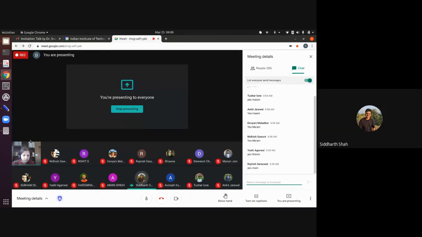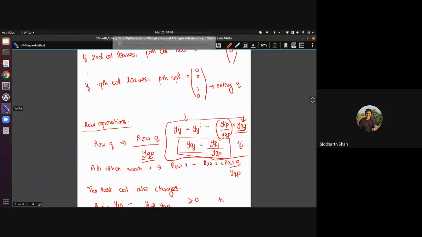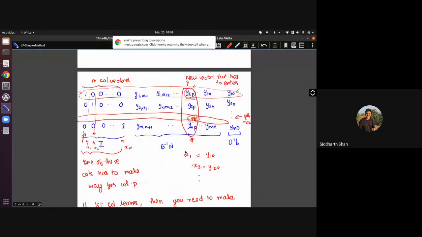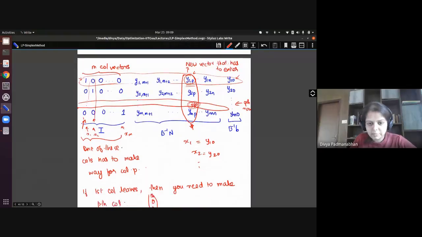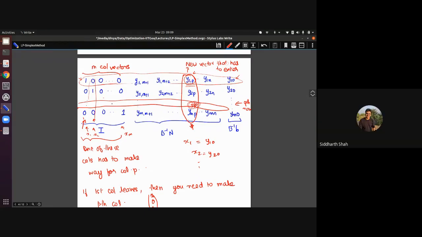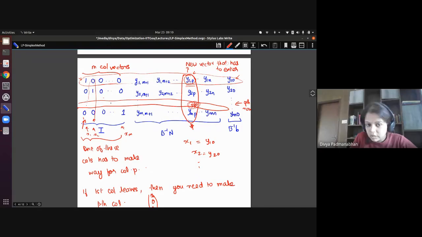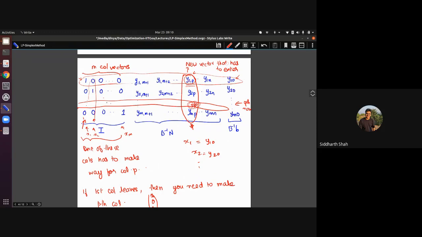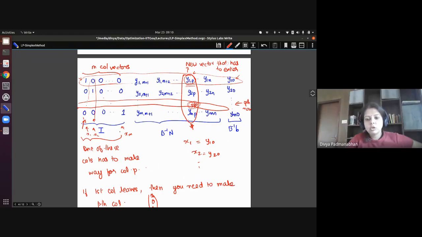Ma'am, won't this row operation disturb the identity matrix in the B part? Actually here in this identity, all these things will be zeros, so all of these parts are going to give you 0. One of them would be 1 here. Exactly the one that's going to leave. That column will get affected.